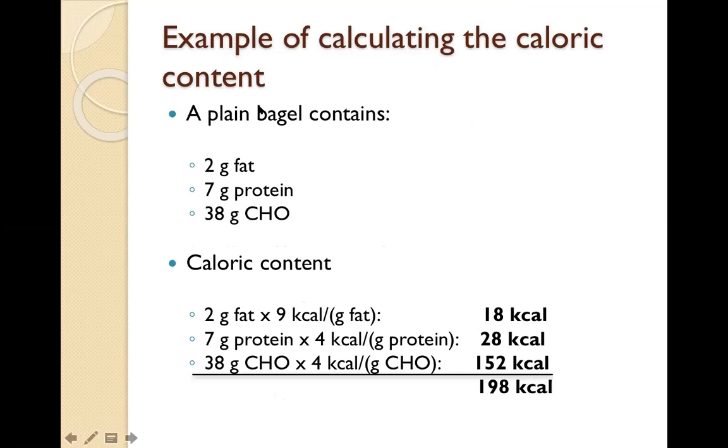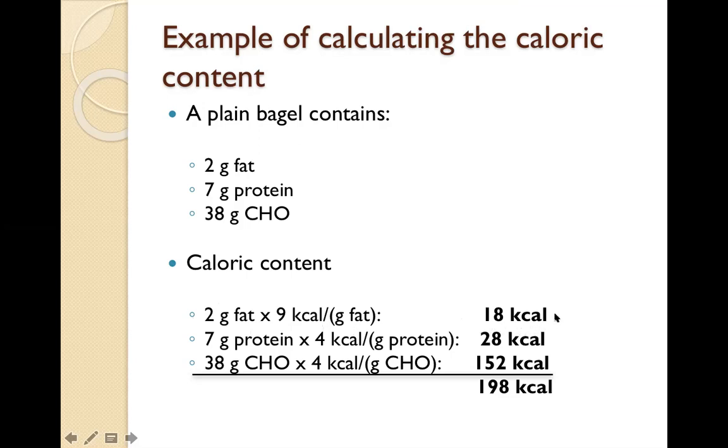So a plain bagel contains 2 grams of fat, 7 grams of protein, and 38 grams of CHO, which is just the short form for carbohydrate. And so the caloric content within this is 2 grams of fat times 9 kilocalories each.